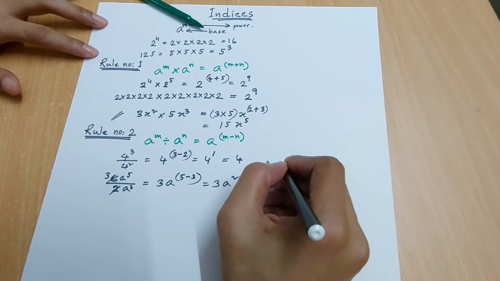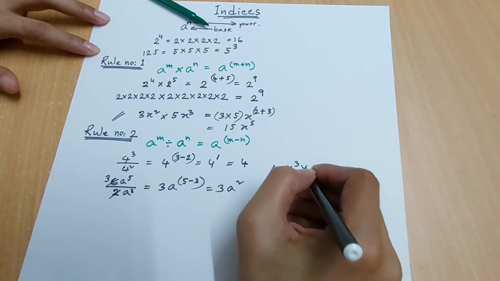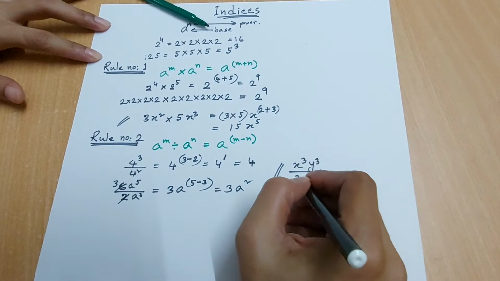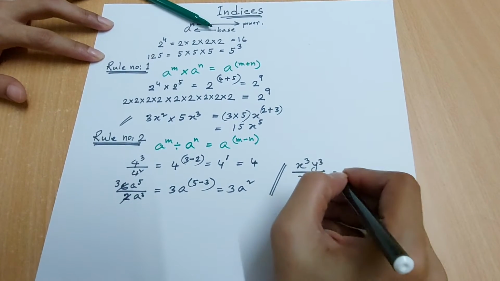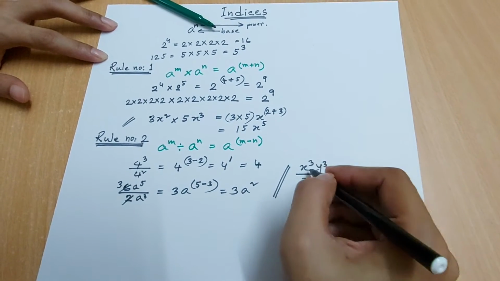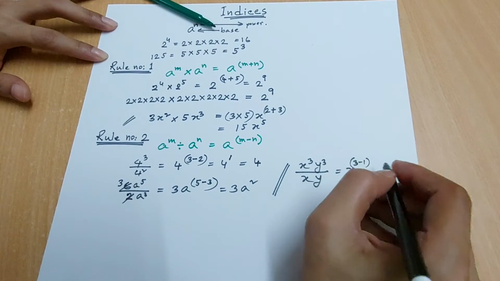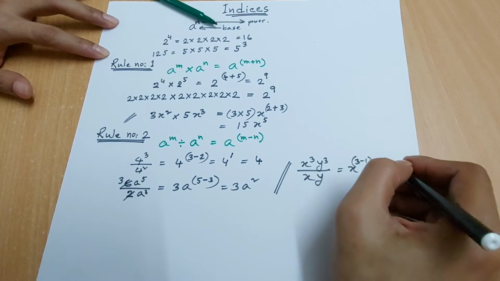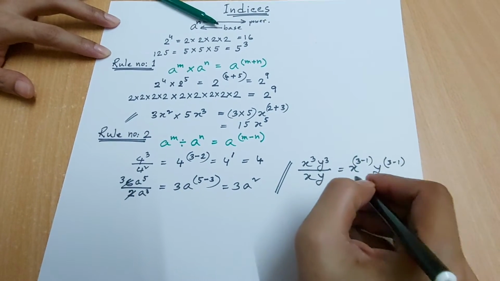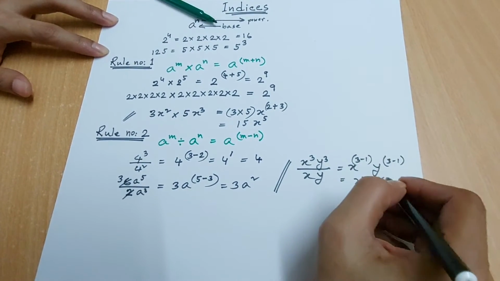Let me show something more. x cube y cube over x y equals, same bases here, x power 3 minus 1, y power 3 minus 1, equals x square y square.